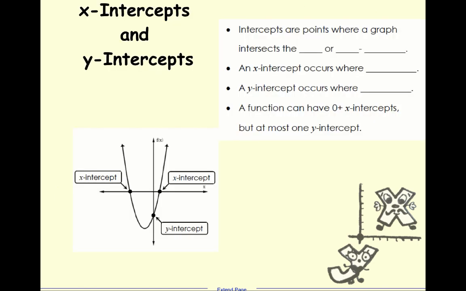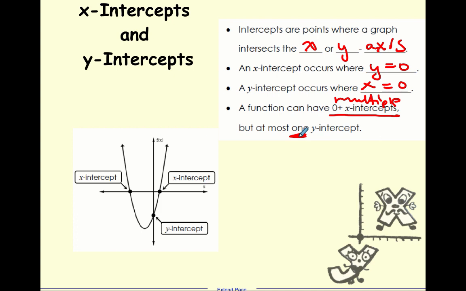First of all, you need to make sure that you understand that intercepts are points where the graph intersects the x or the y axes. An x-intercept occurs when y is exactly 0, and a y-intercept occurs when x is exactly 0. A function can have multiple x-intercepts, but in order for it to be a function, there's a limit of one y-intercept.